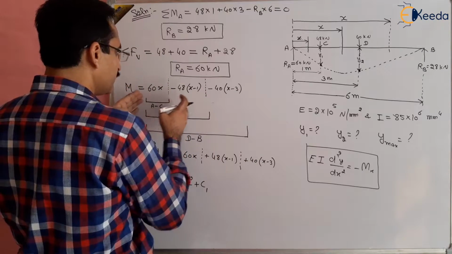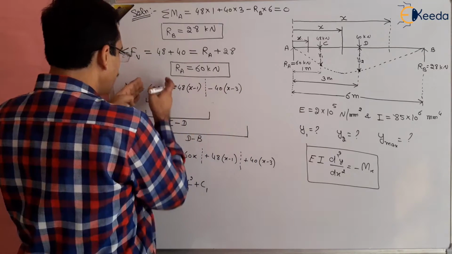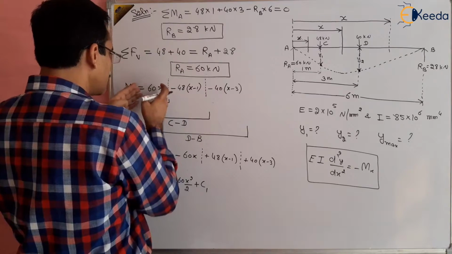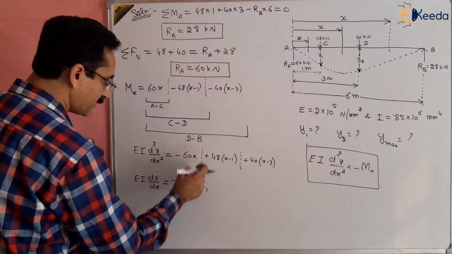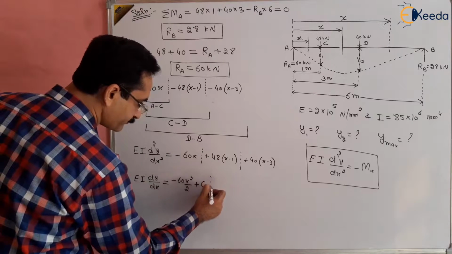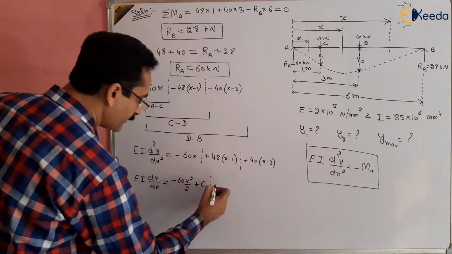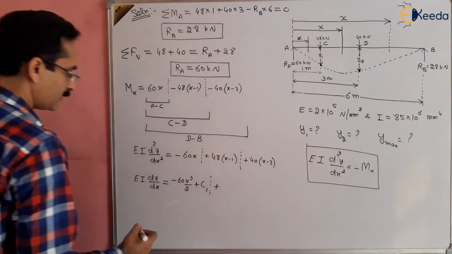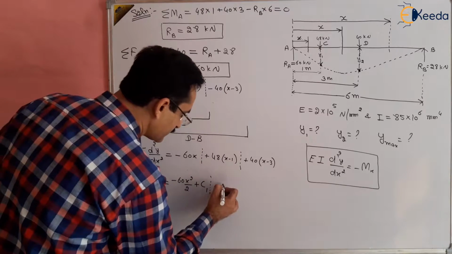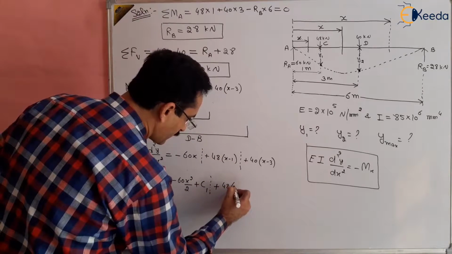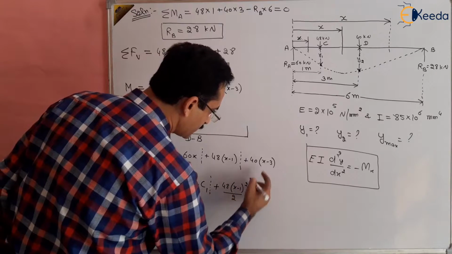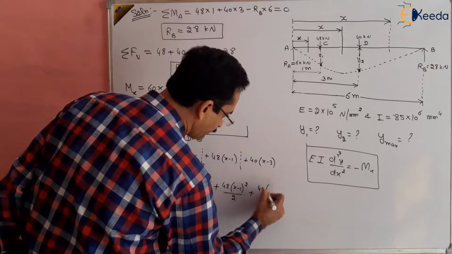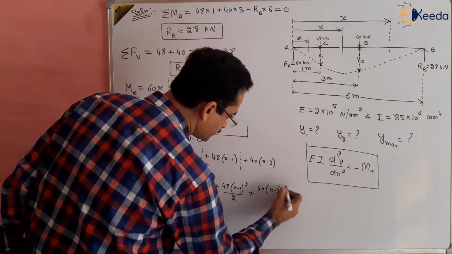If we use it later on, then we will not be able to use it here, but the constant is valid for this also. That's why we are using it in advance in the first section, right? Plus the integration of this, that is 48 x minus 1 whole square by 2, plus the integration of this, that is 40 x minus 3 whole square by 2.